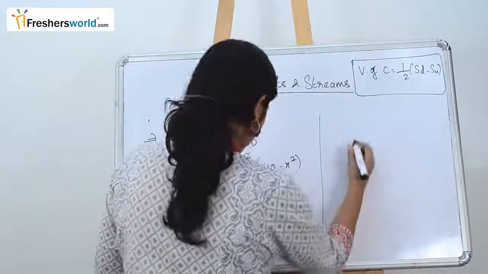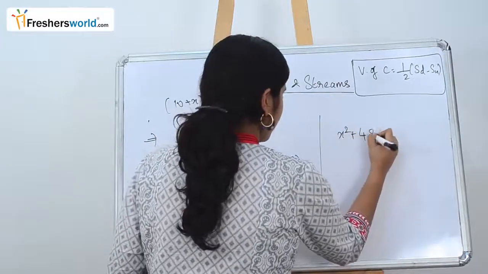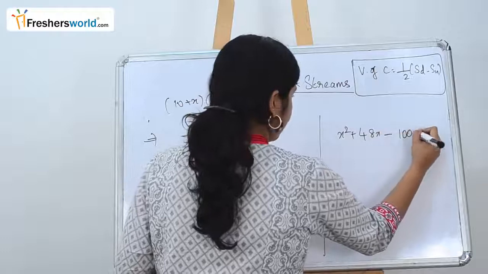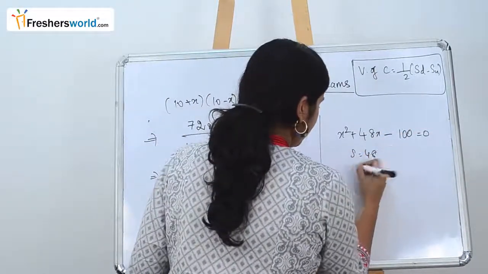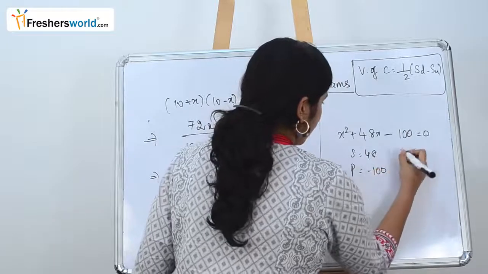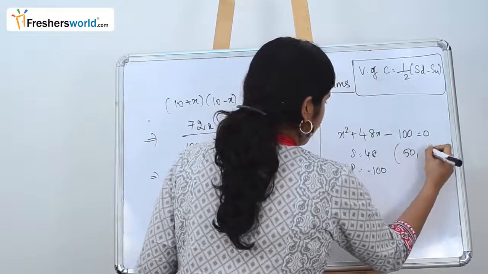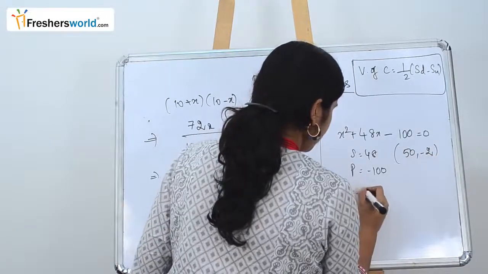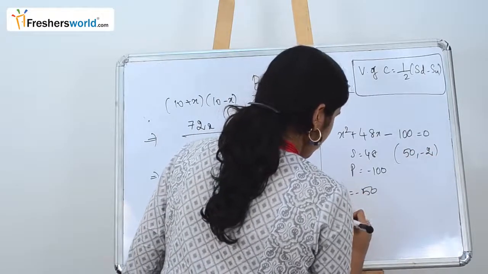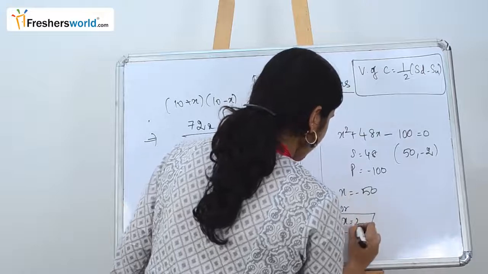So the equation that we got is x square plus 48x minus 100 equal to 0. So we know that we can solve it like sum is equal to 48 and product is equal to minus 100, which is nothing but 50 into minus 2, which is equal to x is equal to minus 50 or x is equal to 2. So the value of x is nothing but 2 here.